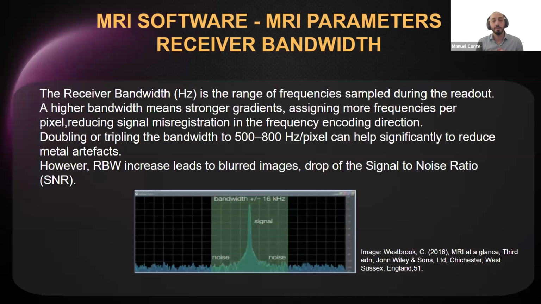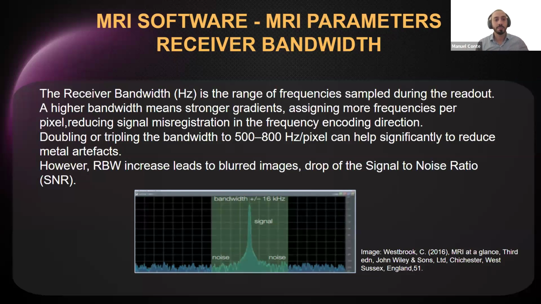Using higher bandwidth means stronger gradients. So it means that we give more frequencies per pixel, so we reduce the signal misregistration in the frequency encoding direction. Using a strong bandwidth is very good. Normally, the bandwidth that we use for a spin-echo, turbo spin-echo sequence is around 130 to 170 Hz per pixel.